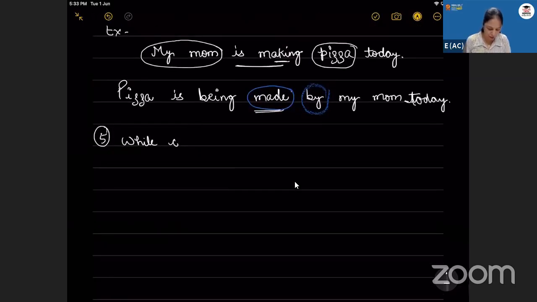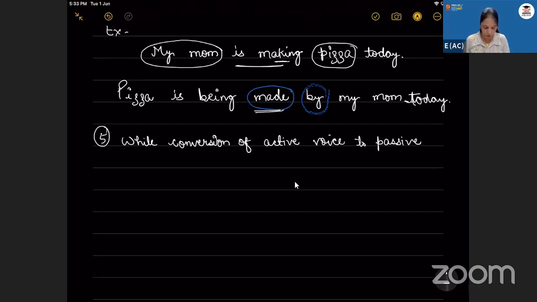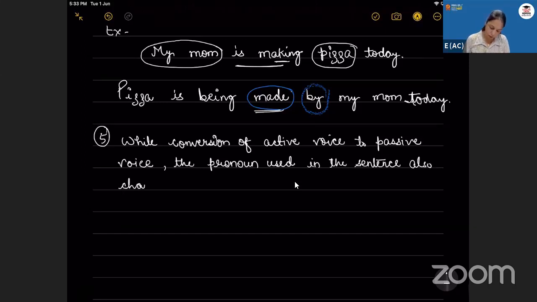Rule number 5 is: while conversion of active voice into passive voice, the pronoun used in the sentence also changes in the following manner.